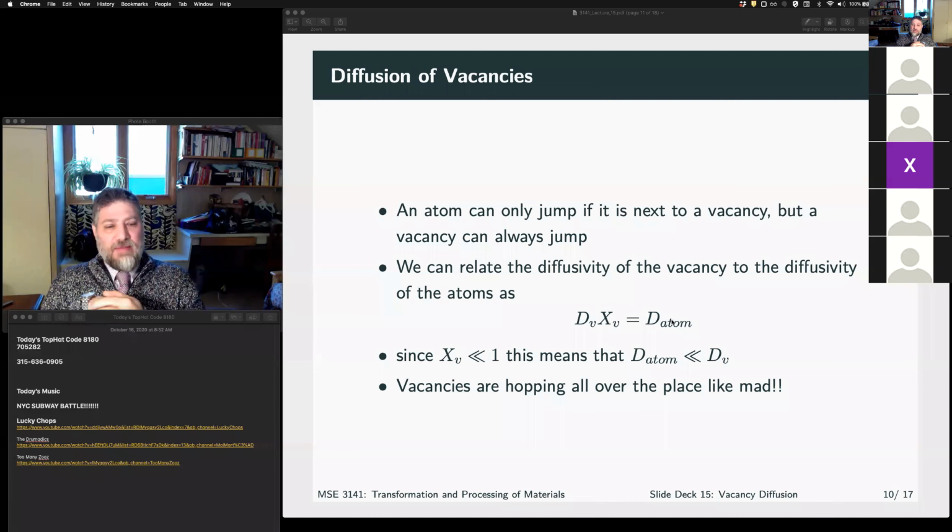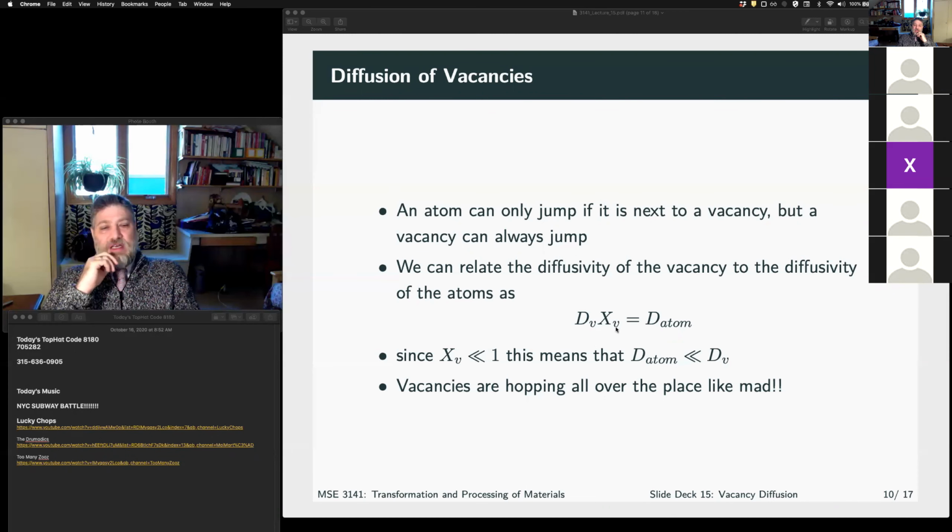Most of the time, the atoms stay still, but the vacancies are hopping all over the place, right? And we can actually think about it from a logical point of view: the diffusivity of the vacancy times the number of vacancies has to equal the diffusivity of the atom.